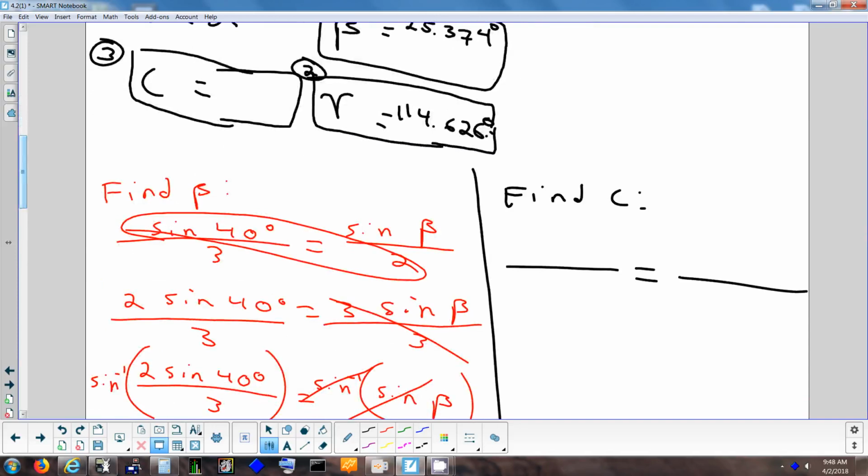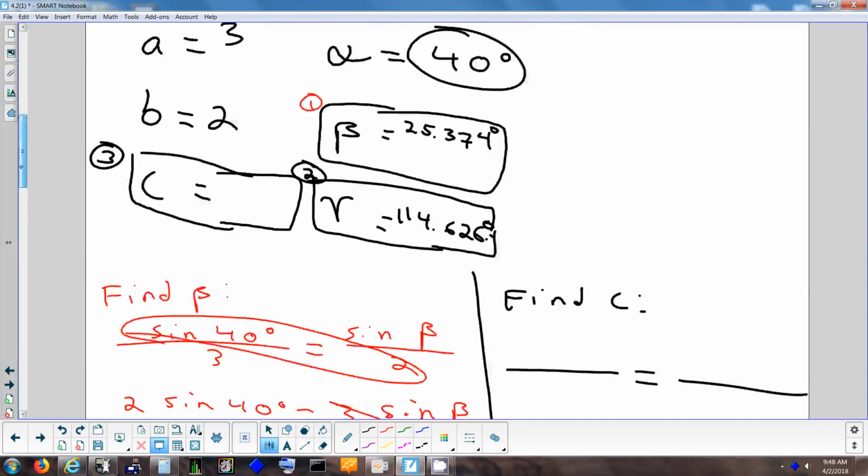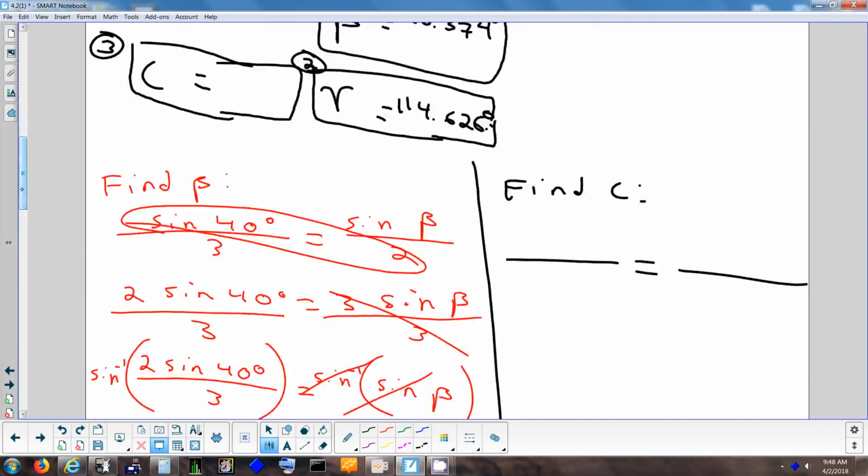To find C, it's going to start out just like we did to find beta. Sine 40 over 3. So left-hand side is the same. But now if we want to find C, use gamma. Sine 114 over C. Okay, if you're rounding everything to 3 decimal places properly, your answer shouldn't be that much different than mine.